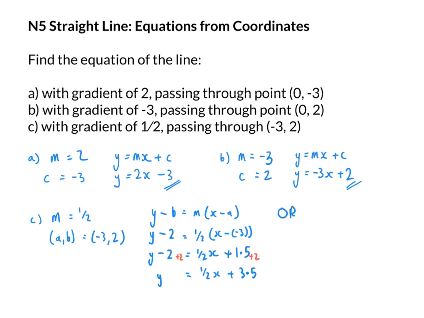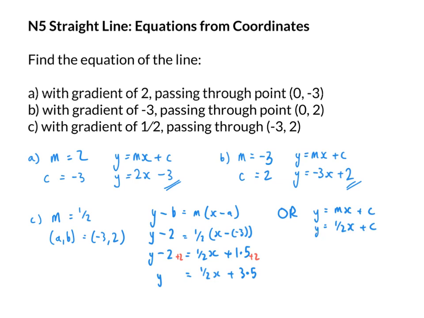There is an alternative way we can do this. We can actually use y equals mx plus c. I know my gradient is a half, but I don't know my y-intercept. To find my y-intercept, I could swap in the coordinate I know for x and y.